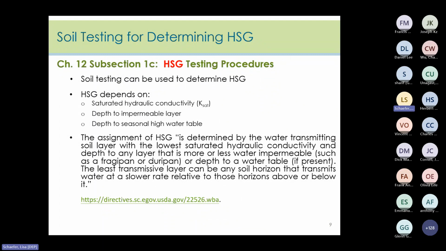The least transmissive layer can be any soil horizon that transmits water at a slower rate relative to those horizons above or below it.